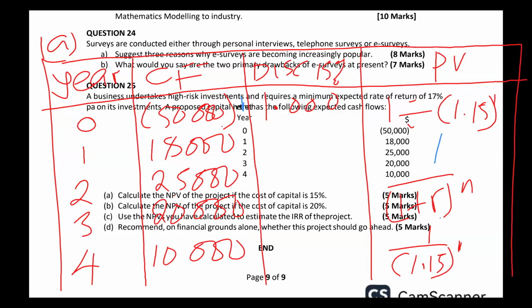And what do you have? This is as good as 1 divided by 1.15. What do you get as the discount rate? This one, you call it the discount factor, all right? That's a discount factor.